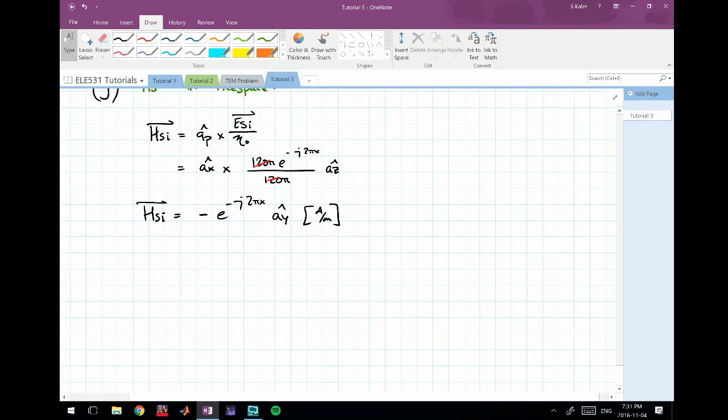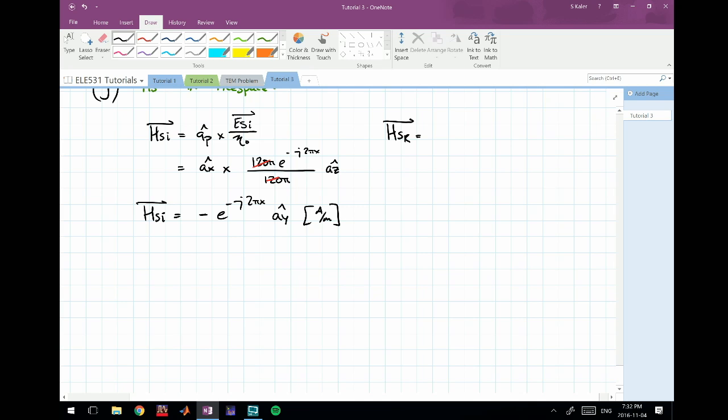Now I need to find x cross z, using the right hand rule. HSR, the reflected wave: the direction of propagation is minus AX, because the reflected wave goes in the opposite direction.